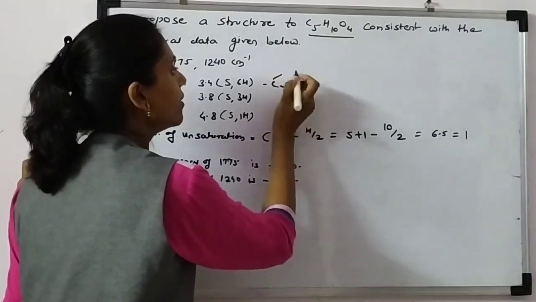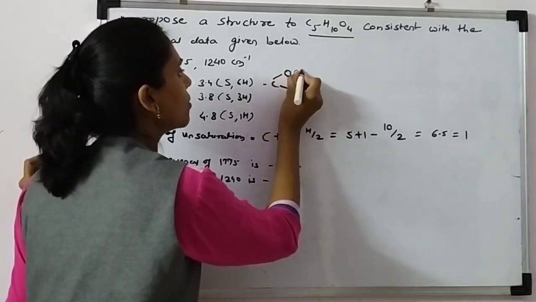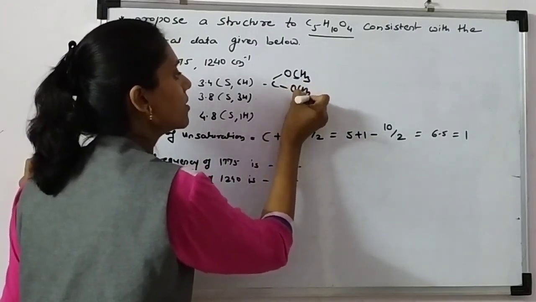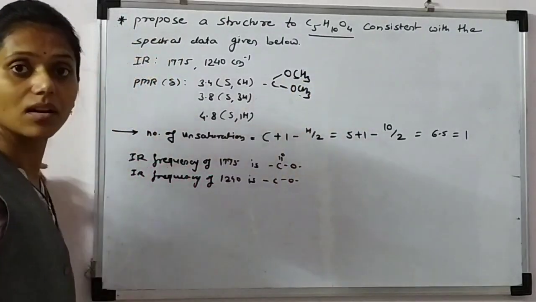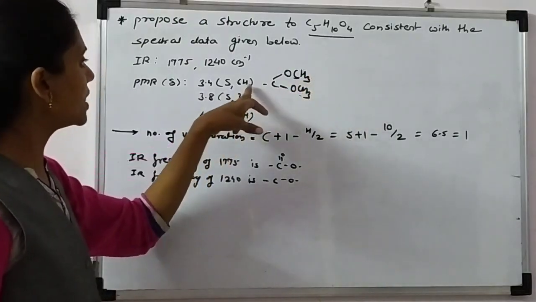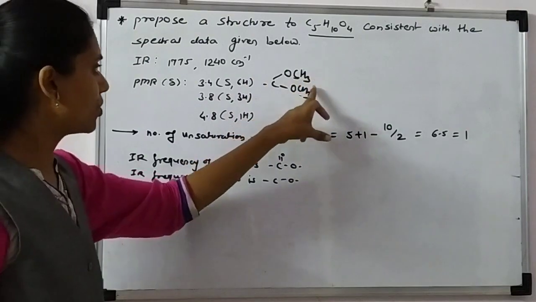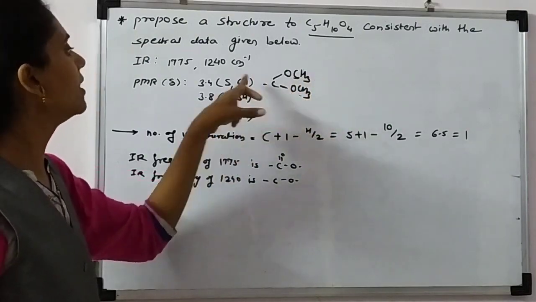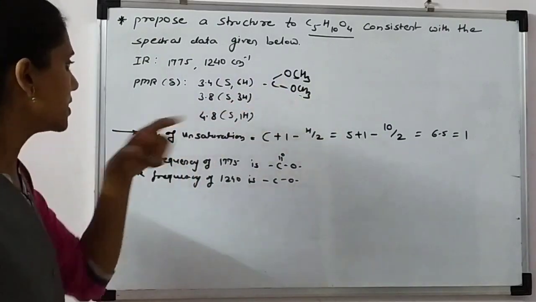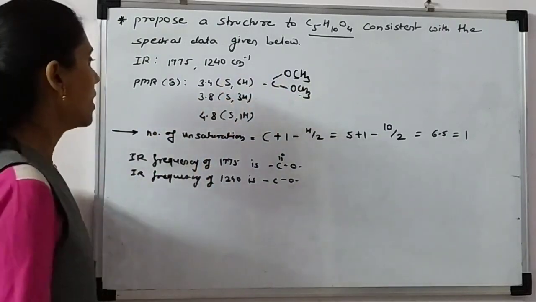Which hetero group? Oxygen: OCH3. It's a possibility, and this satisfies the data: 6 protons give a singlet at 3.4, since it is attached to an electronegative group.